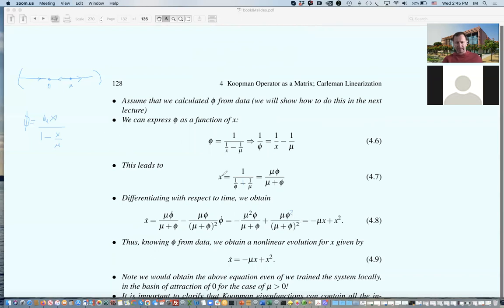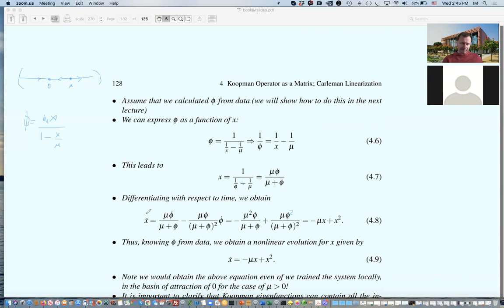And so looking back at the definition of x, I get that this is minus mu x, because I have this mu squared at the top, but mu plus phi gives me the rest. And then this is precisely x squared.